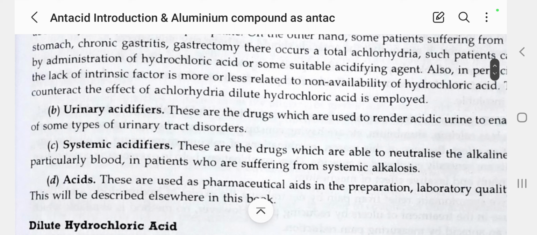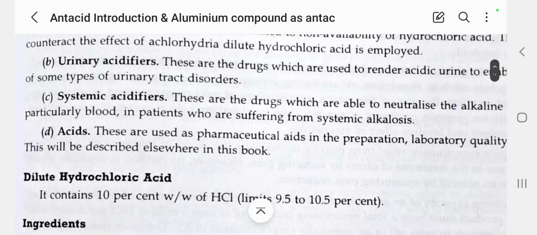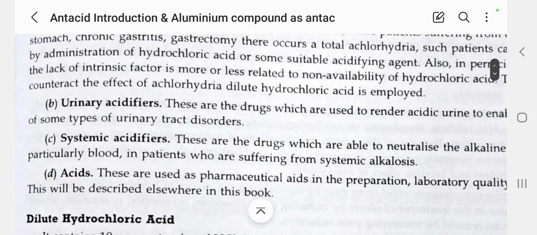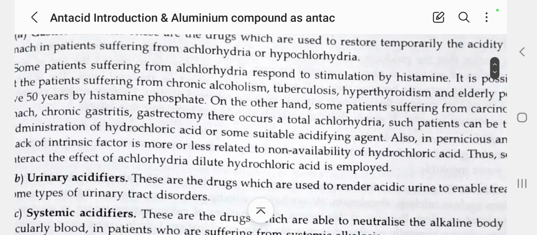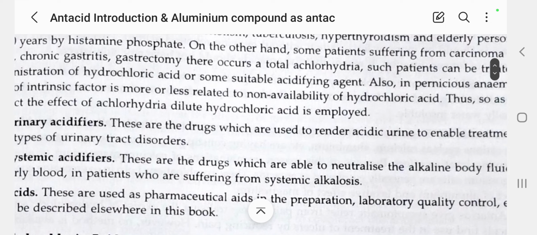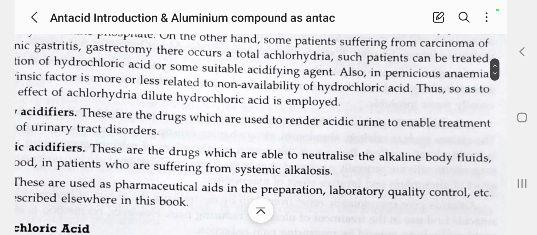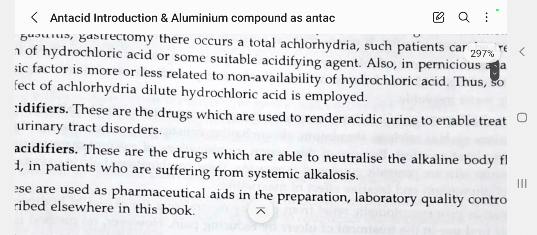Next, the classification of acidifiers: they can be classified into urinary acidifiers and systemic acidifiers or acids. Urinary acidifiers are the drugs which are used to render acidic urine to enable treatment of some types of urinary tract disorder.